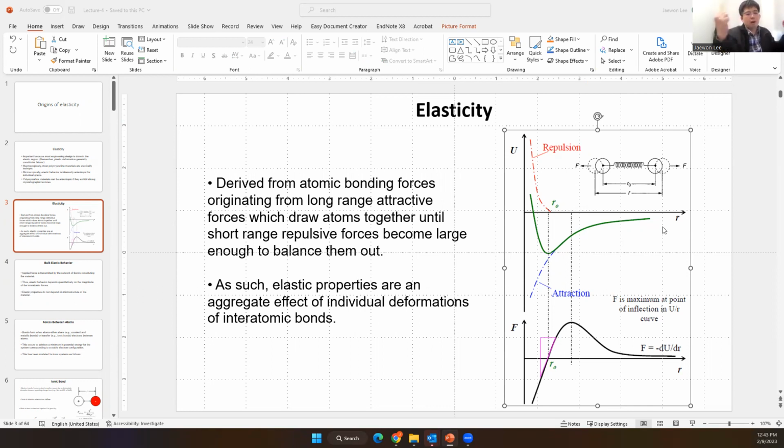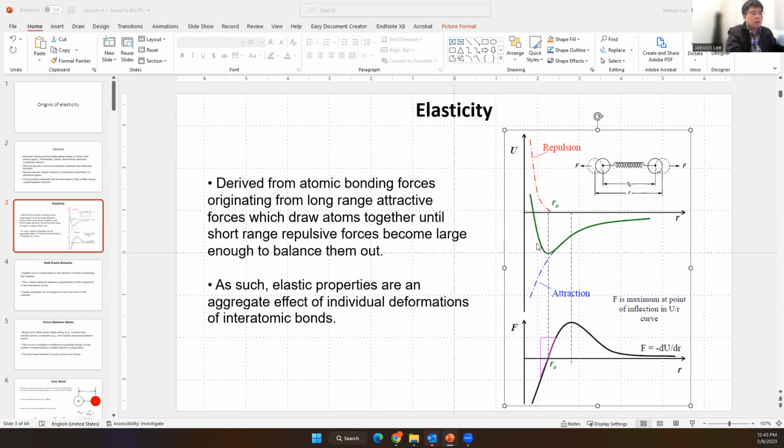If there is a large separation distance between atoms, the attraction force or attraction energy might dominate, but at a certain range, the repulsion force or repulsion energy increases, and then they reach an equilibrium state, like this one.